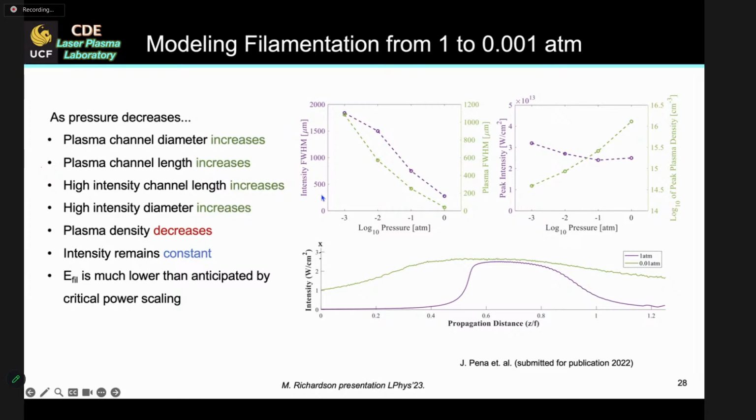Characteristics are that the intensity in the individual filaments increases as we lower the pressure, that the width of the filament also increases, and we have evidence too that the length of the filament, or the propagation distance, also increases.